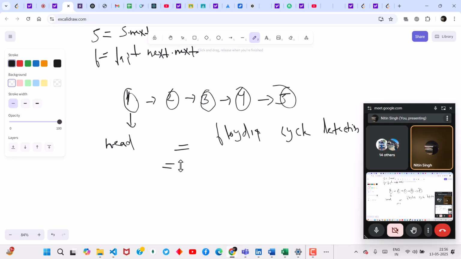That is, I will be taking 2 pointers. The first pointer will be my slow pointer, which is going to move one step ahead, and I'll have another pointer, fast, which will move 2 steps ahead.